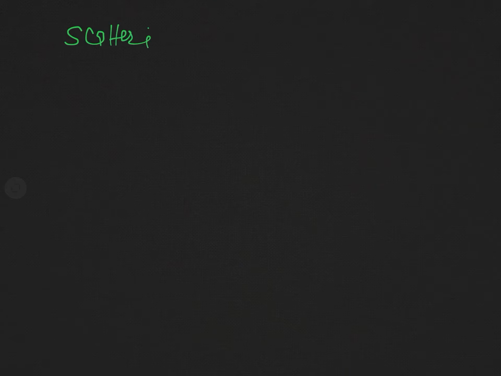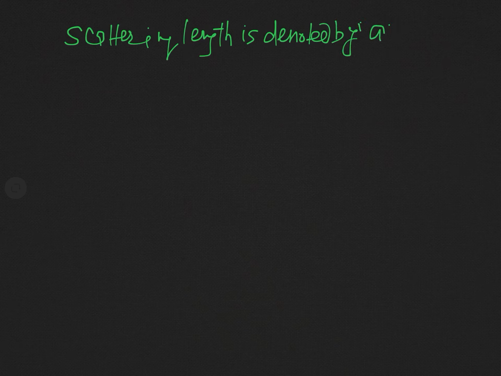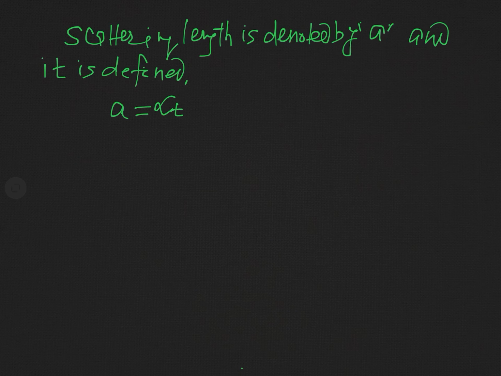So a scattering length is denoted by A, and it is defined as A equal to limit k tends to 0 of minus sine delta naught by k.